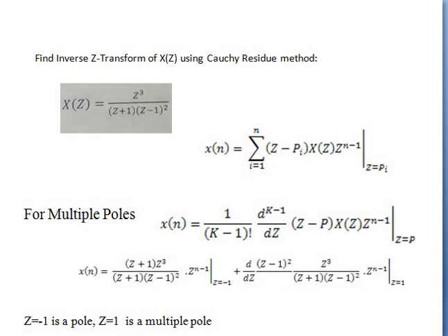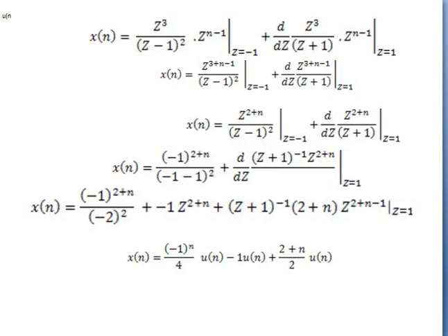Here in the first case simplify this, and z equal to minus 1 for single pole and z equal to 1 for multiple poles. Substitute this assumption, so we are getting x of n is z cube divided by z minus 1 the whole square into z power n minus 1, where z is equal to minus 1, and d by dz of z cube by z plus 1 into z power n minus 1, z equal to 1.